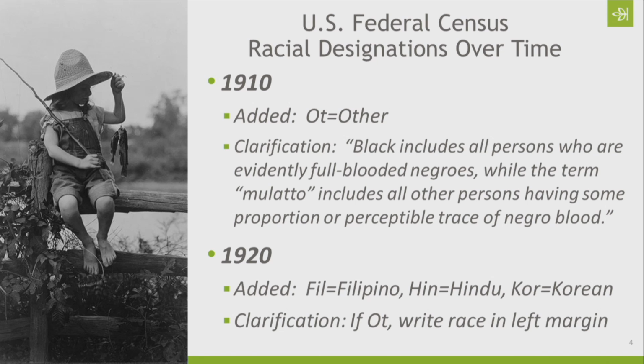So if this person does not fit within one of the categorized racial designations, they're to write OT for other, but then they're to actually write out the name of the race in the left margin. I went looking for some of these and actually wasn't able to find any. So I would love to see if you have any examples of that, what kinds of things are being written in there, what other races are designated here in the United States in 1920.